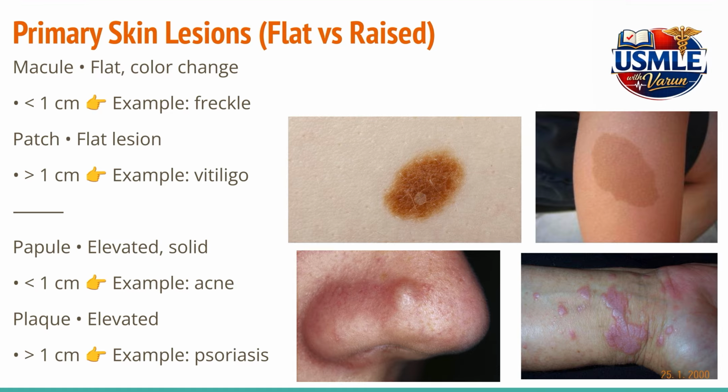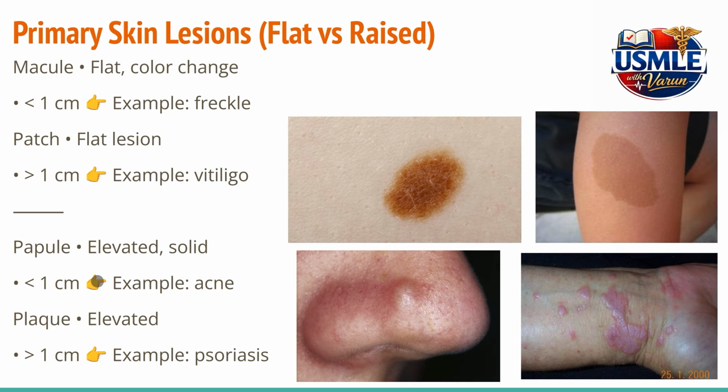So a macule that's greater than 1 centimeter in size is called a patch. To be concise, a patch is nothing but a macule greater than 1 centimeter. An example of a macule is seen in a condition like freckle, whereas patches are seen in conditions like vitiligo.